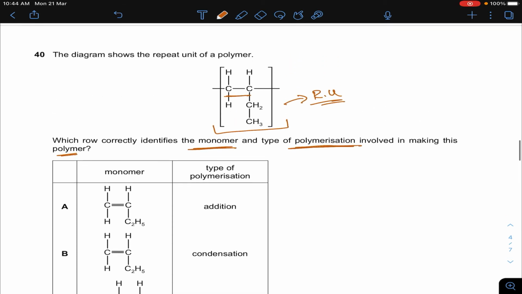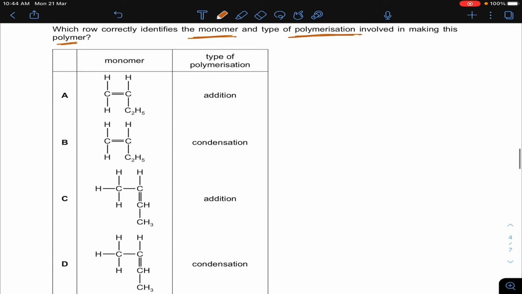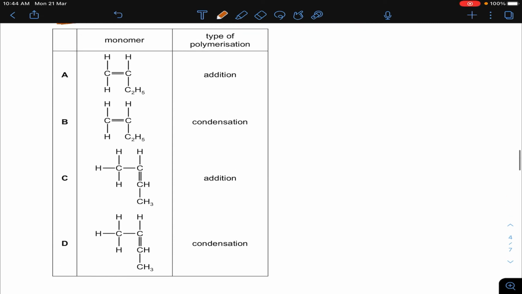Now if you look at the structure, how many carbon atoms do we have? 1, 2, 3 and 4, and a double bond placed between carbon number 1 and carbon number 2. Option D is incorrect because it has 4 carbon atoms, but the double bond is between carbon 2 and 3.